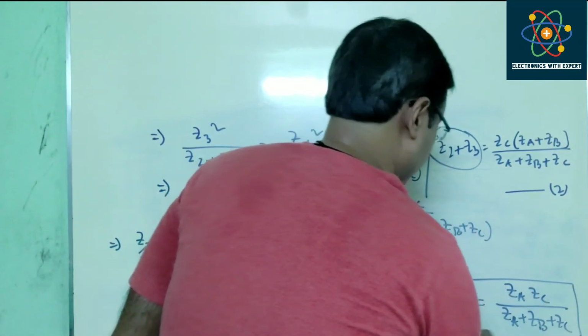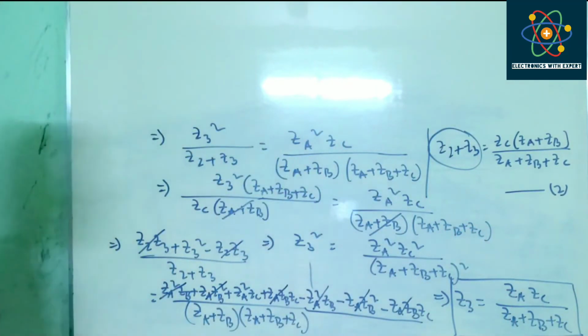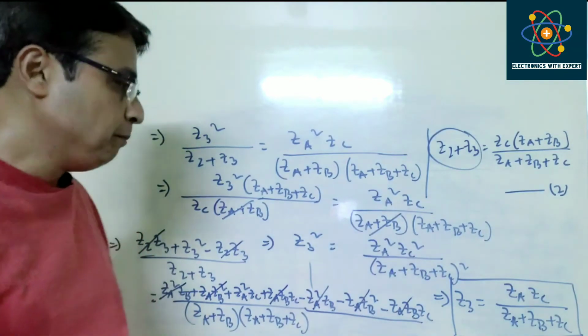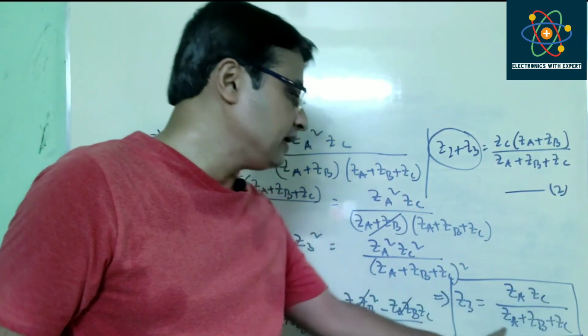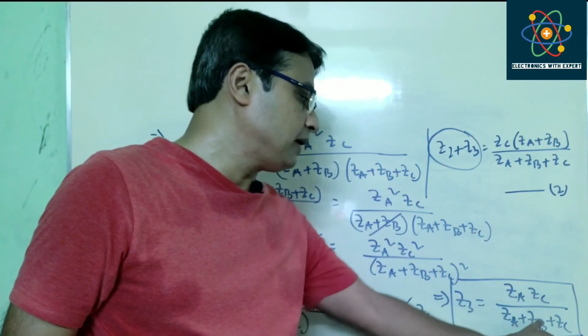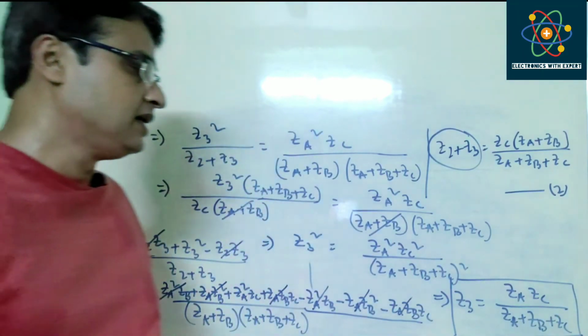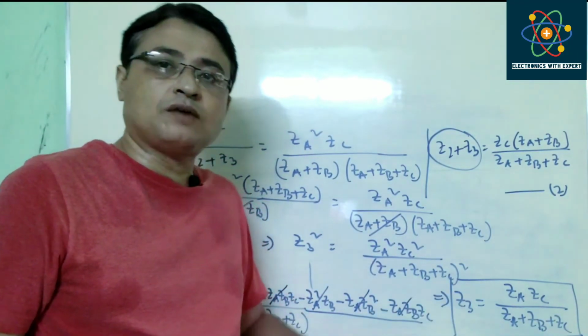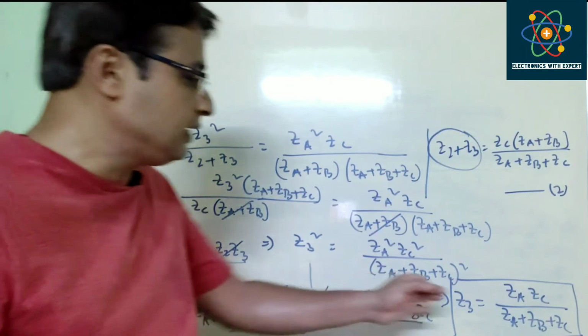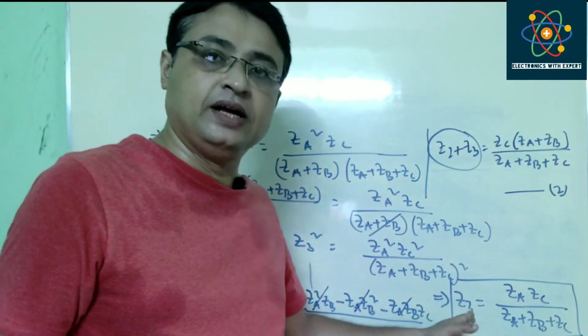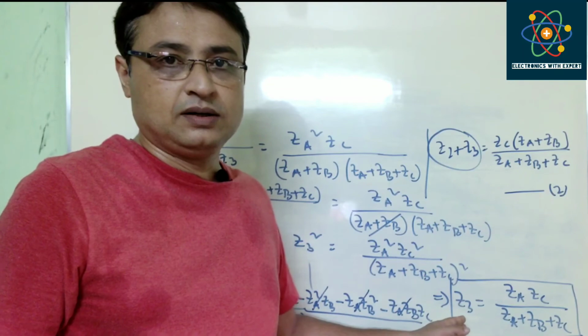Thus, the impedances found in the pi network, ZA ZC divided by ZA plus ZB plus ZC. If you have the values of ZA ZB ZC for the pi network, you can get Z3 for the T network.